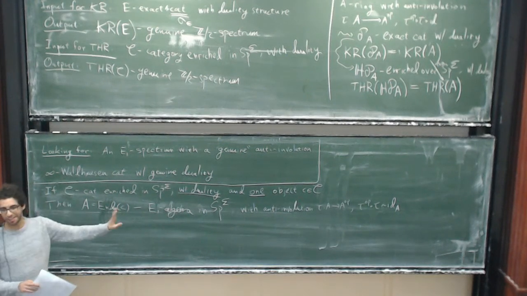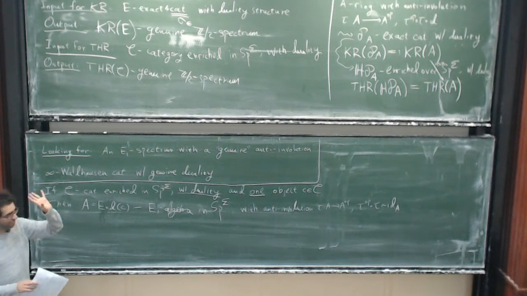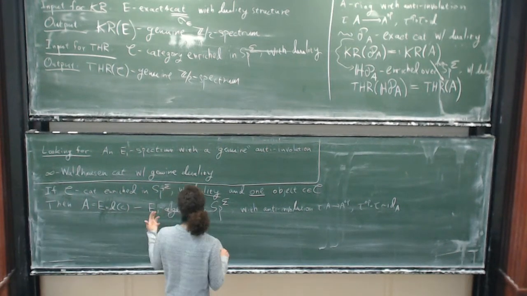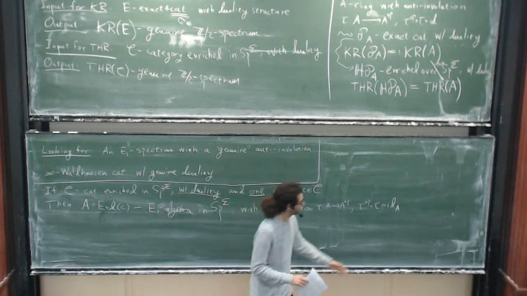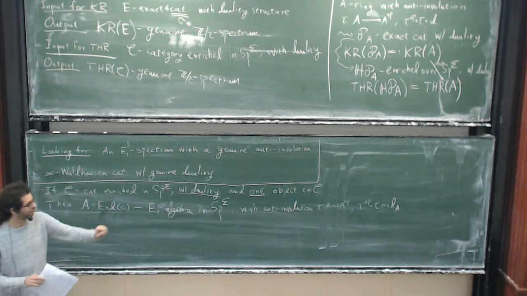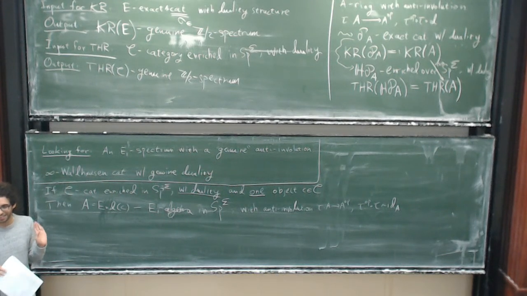I don't want to do the calculation now, because I want to get to the interesting things. But if you do the calculation of what this means for a category with one object, you will get the correct answer here.